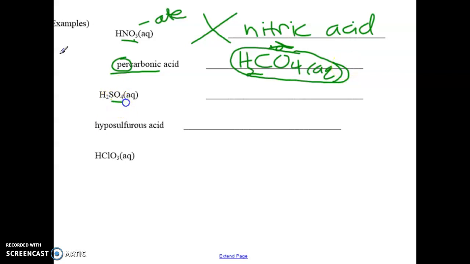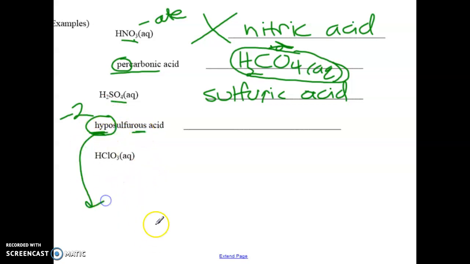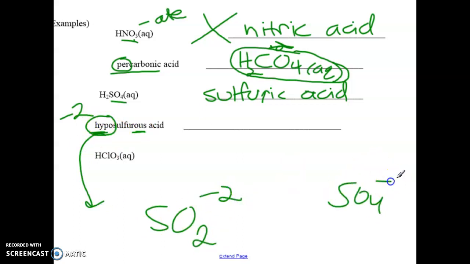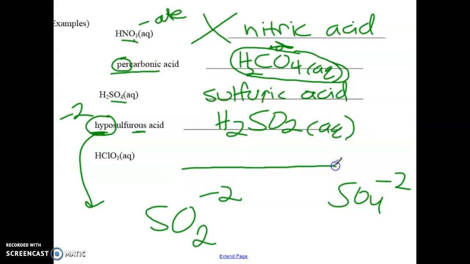Okay, here we have sulfate. Sulfate ends with ate, so this is going to be sulfuric acid. Hyposulfurous acid: remember that hypo means there are 2 fewer oxygens than the original sulfate. So this is hyposulfite. Hyposulfite is SO2 -2 because the original is SO4. So this is going to become H2SO2 with the (aq).